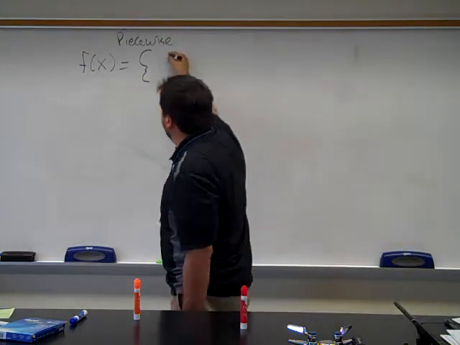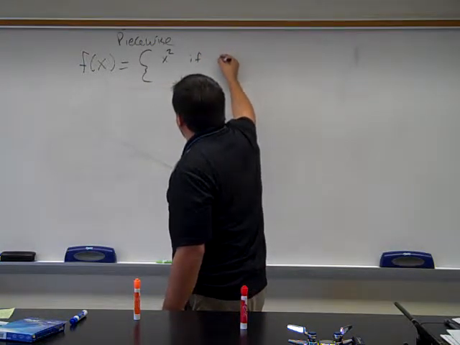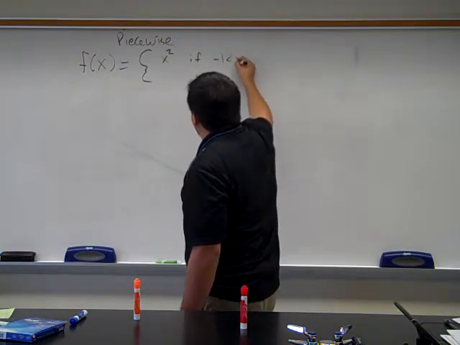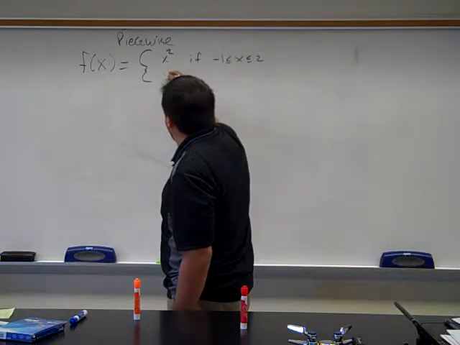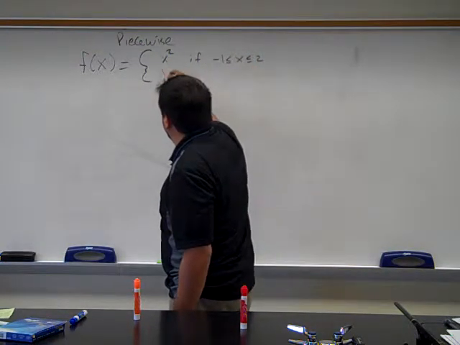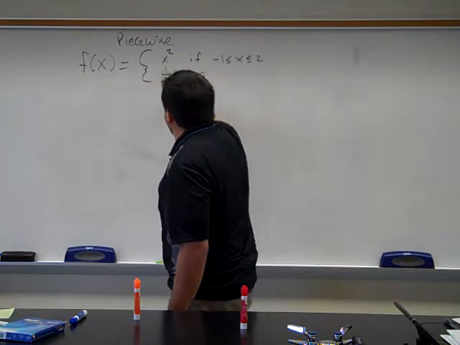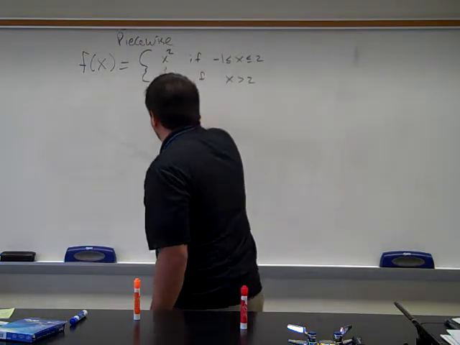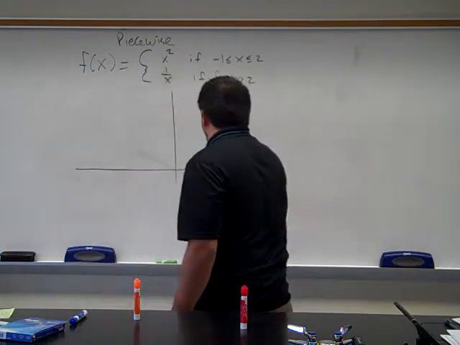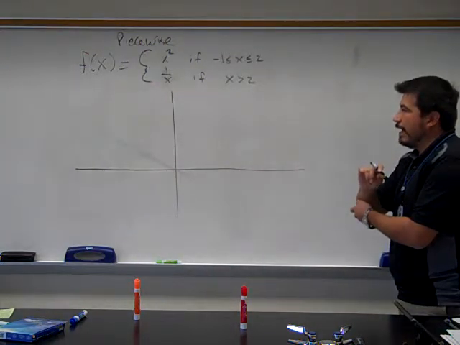So for example, if we did x squared, but only if we're between -1 and 2, and then let's say here we did 1 over x, if we're greater than 2, okay? You can think of it as two graphs.